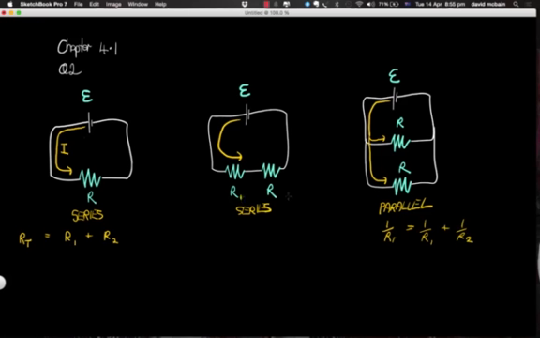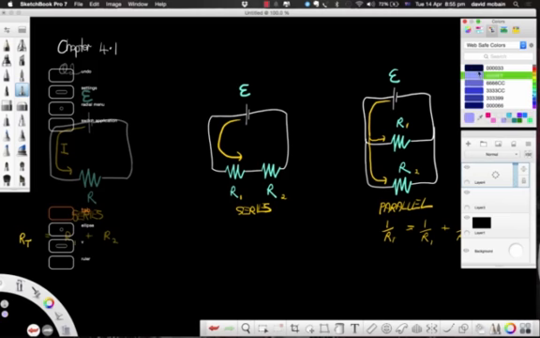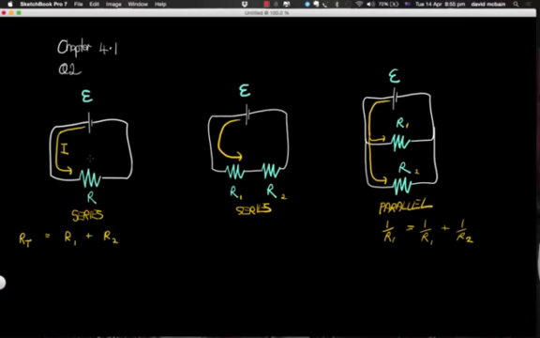The book gives each of the resistors a separate number, and we'll do that now so we don't create any confusion. So that's resistor 1, resistor 2, resistor 3, resistor 4, and resistor 5.